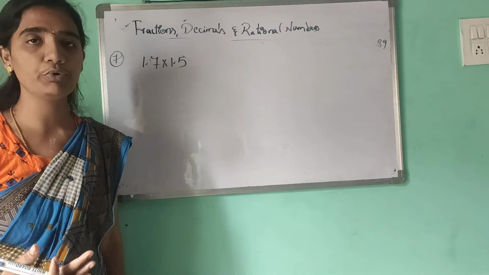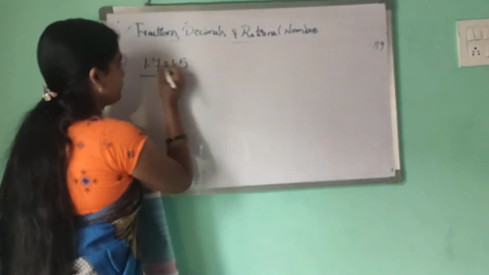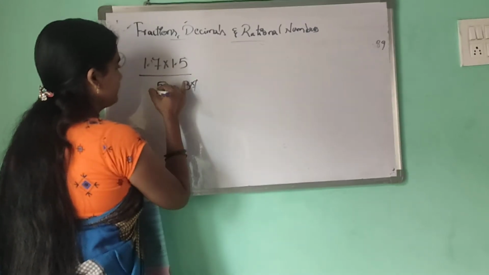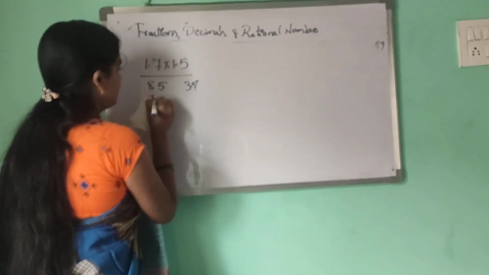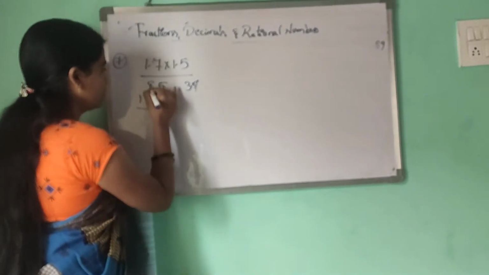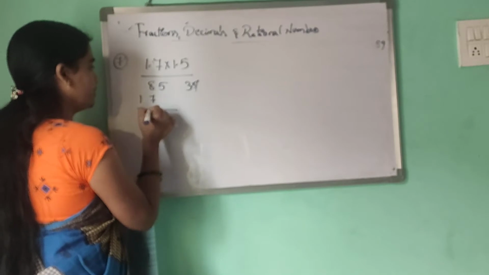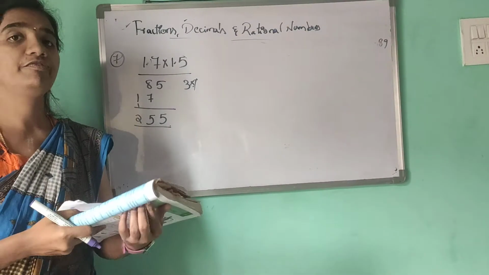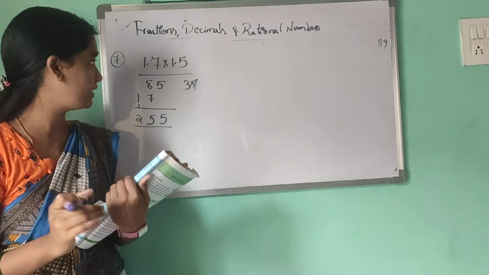Normally, just as we multiply whole numbers, we do the same. 3 5s are 15. 17 into 15 gives 255. So the product of these two decimal numbers as whole numbers is 255.